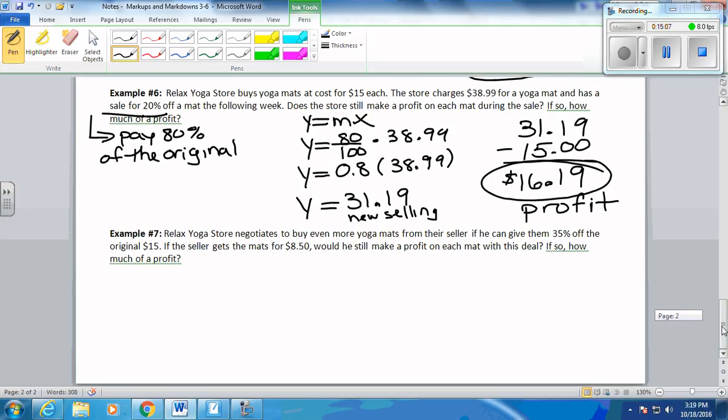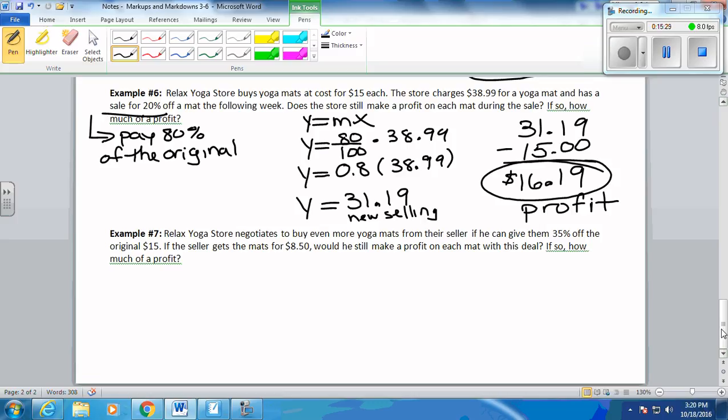Number 7 continues and says that the Relax Yoga store now negotiates to buy even more yoga mats from their seller if he can give them 35% off of the original $15. If the seller gets the mats for $8.50, would he still make a profit on each mat with this deal? If so, how much of a profit?